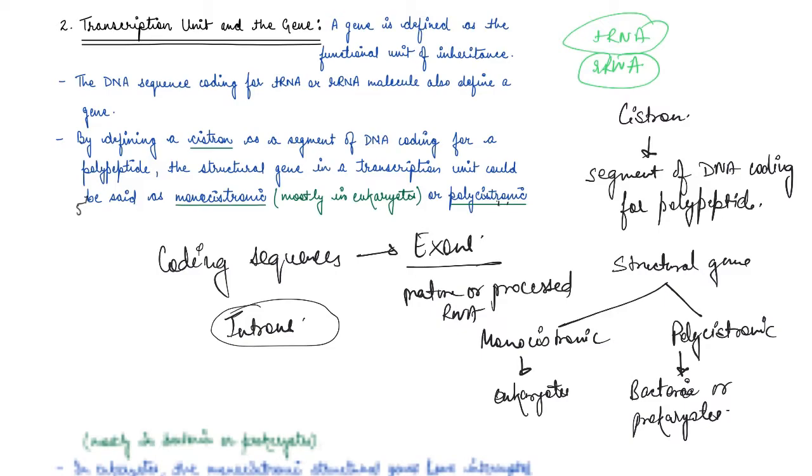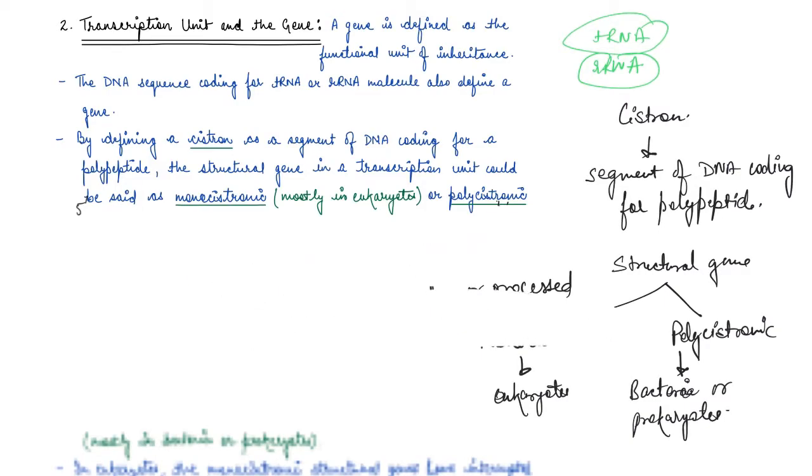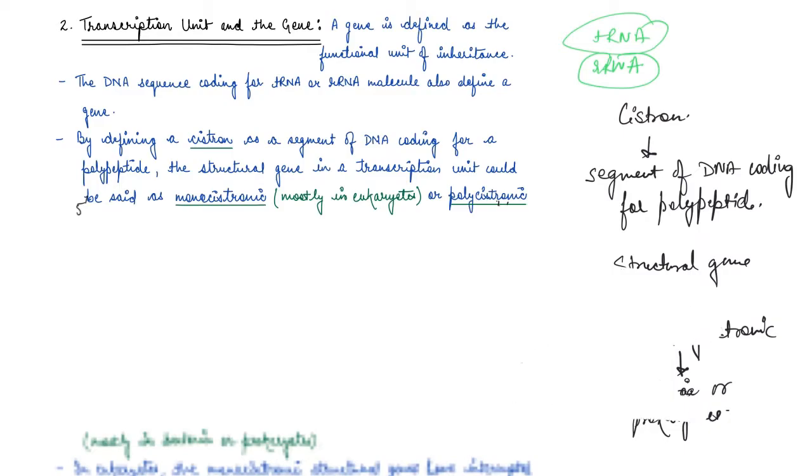So now let's see what are the different types of RNA and what is the process of transcription. We have heard a few terminologies: introns, exons, cistron, monocistronic, polycistronic.